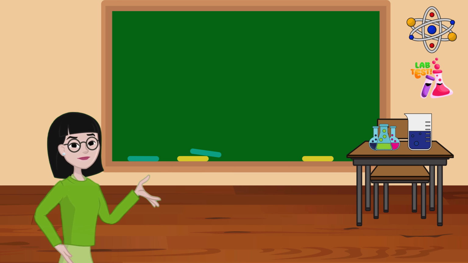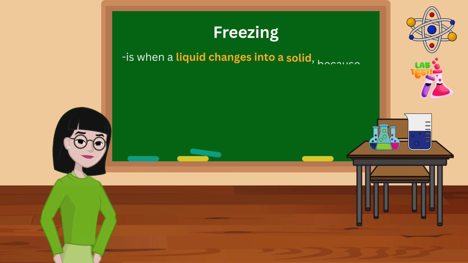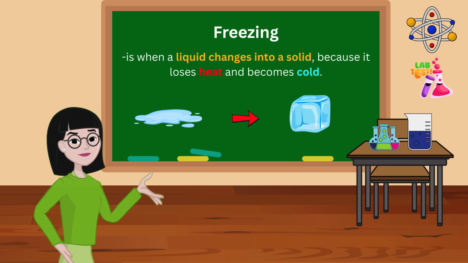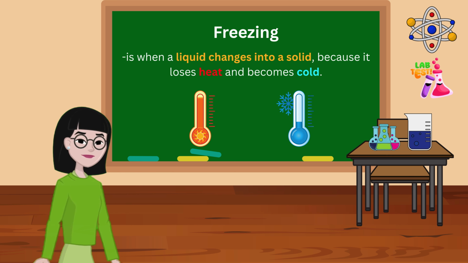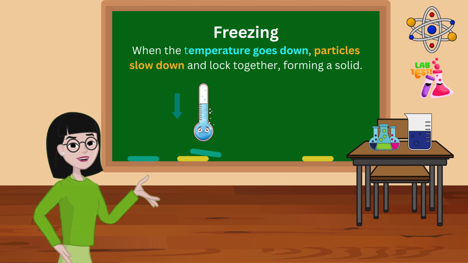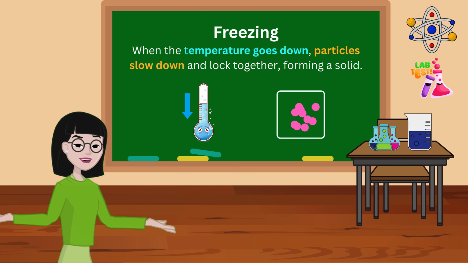Number 2 is freezing. Freezing is when a liquid changes into a solid because it loses heat and becomes cold. When the temperature goes down, particles slow down and lock together, forming a solid.